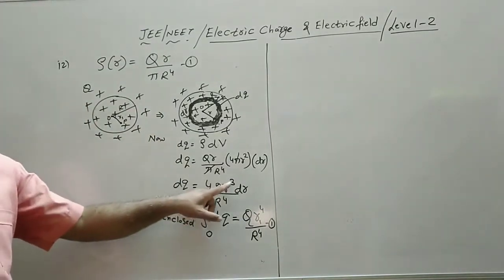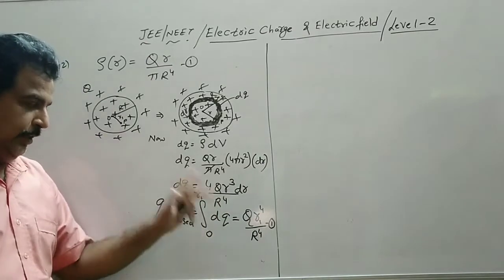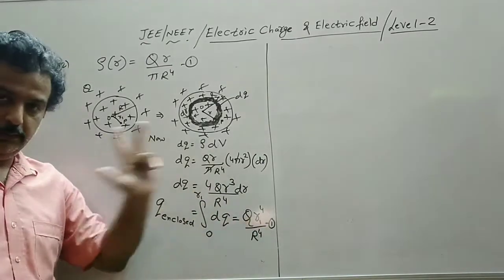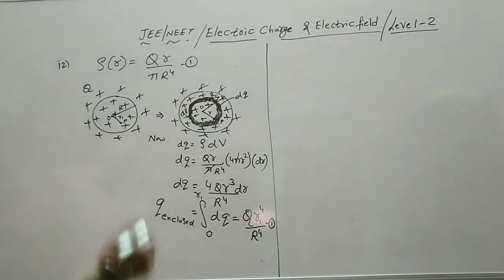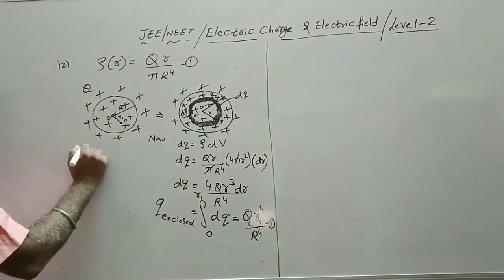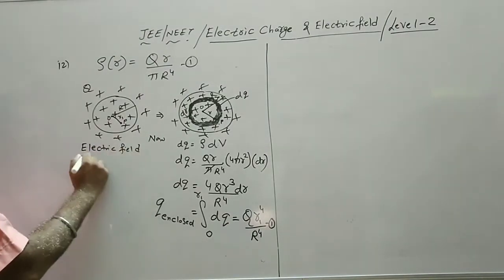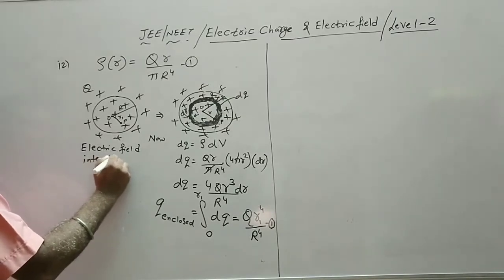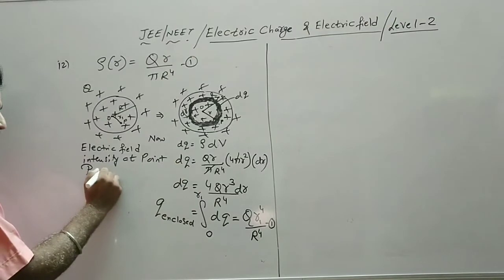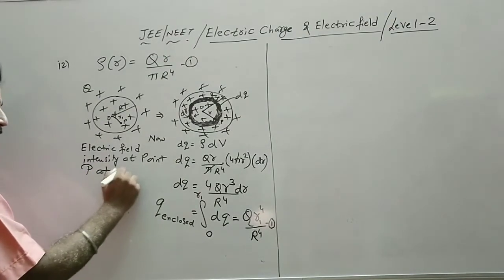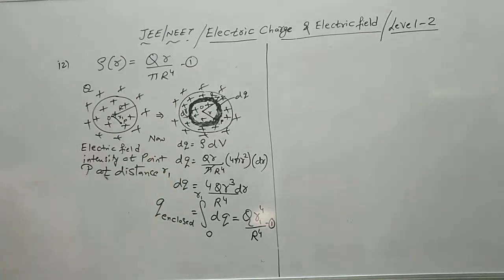So r cube integration, that is r raised to 4 by 4, 4 gets cancelled, and limit is 0 to R1. So this much charge is enclosed. Now the electric field intensity at point P at distance R1, directly the formula for the electric field intensity.